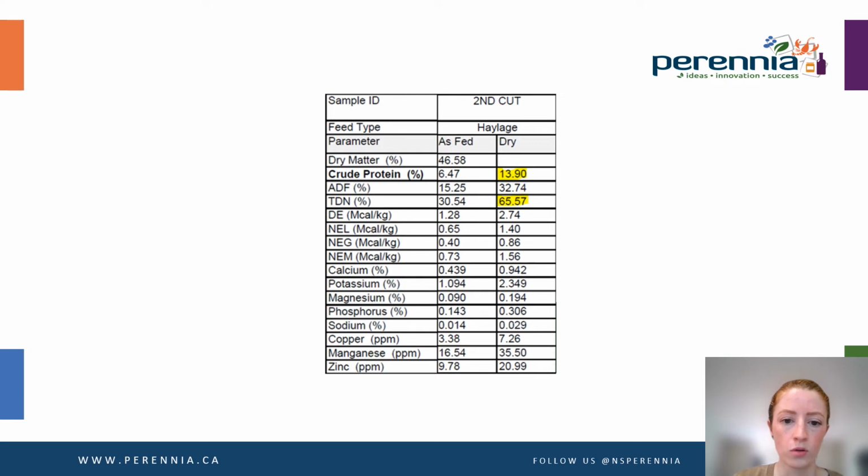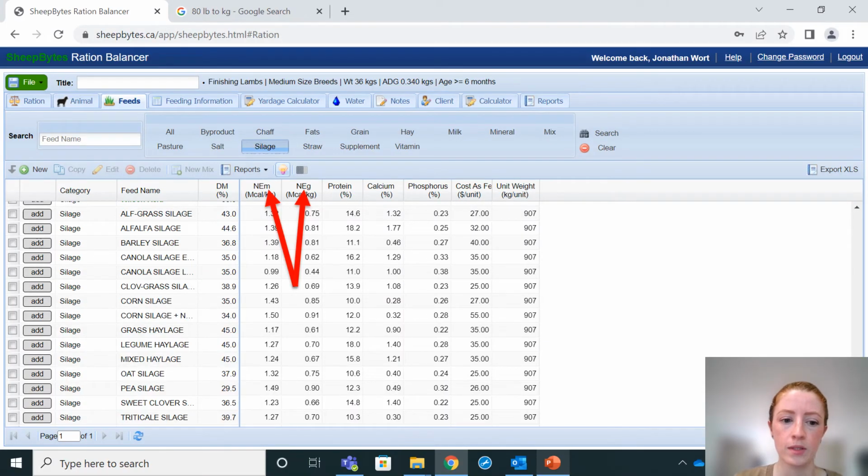So I'm going to go back to this second cut silage. So again, this is the one that's almost 14% crude protein. And I'm going to feed this to my lambs. So I want to choose one of the options that they have that closely matches up to this. So there's two ways that you can report energy.